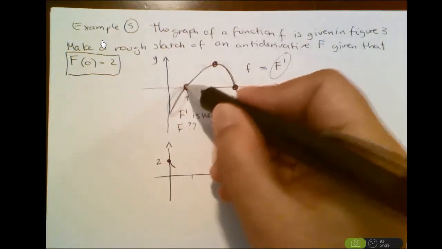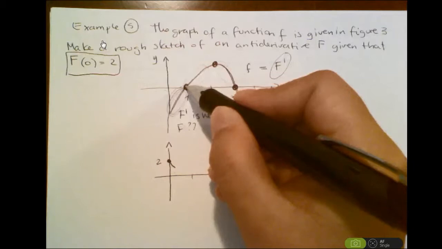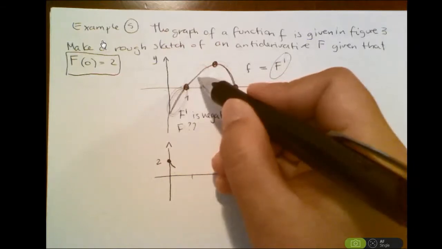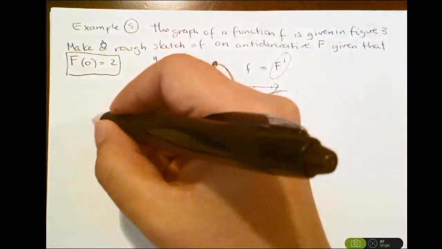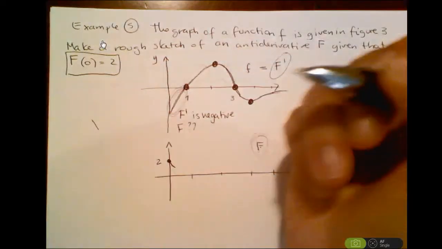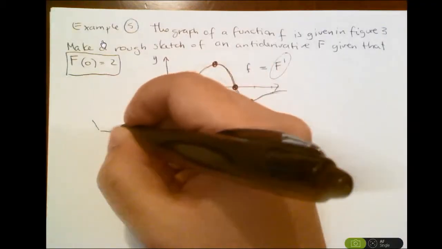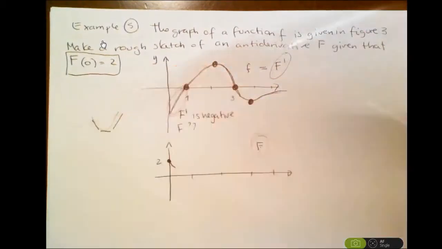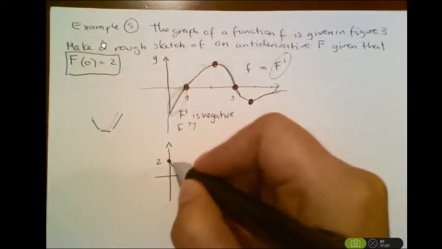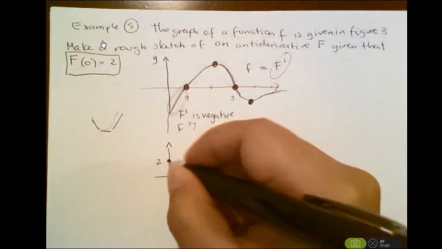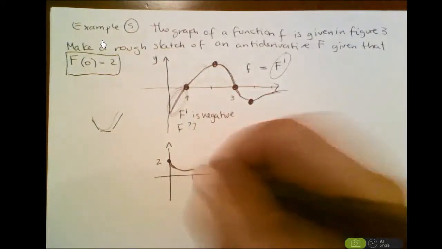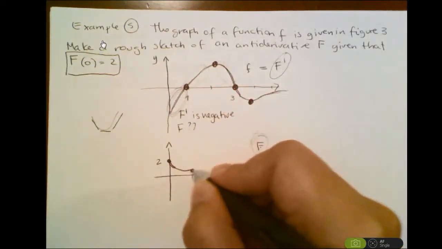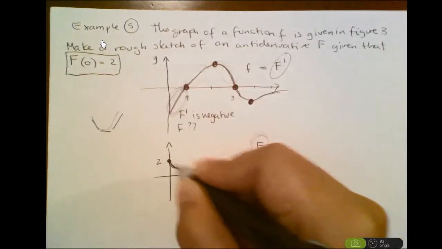Then ultimately it's going to become 0 and positive. So when you know that the derivative is negative, then it becomes 0 and then becomes positive, you have a local minimum. So I know that at 1, you don't have to reach 1, but you have to make it a local minimum.